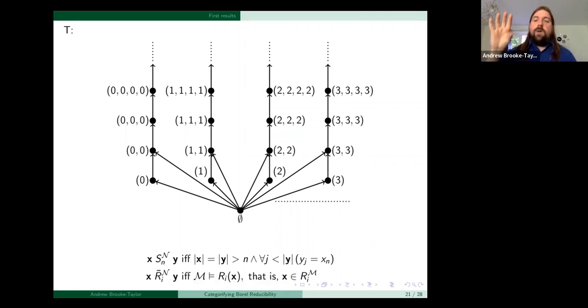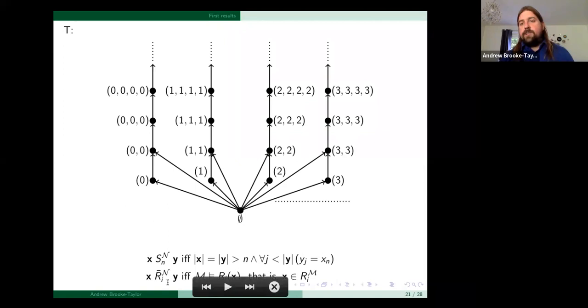And so once it works component-wise, then it must have come from a function between the V structures. And then you've got these R relations that tell you that the only homomorphisms came from homomorphisms.